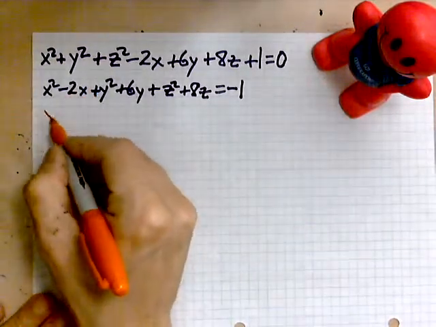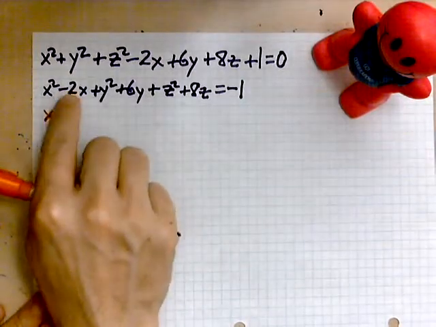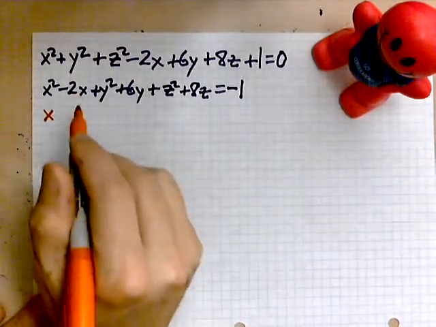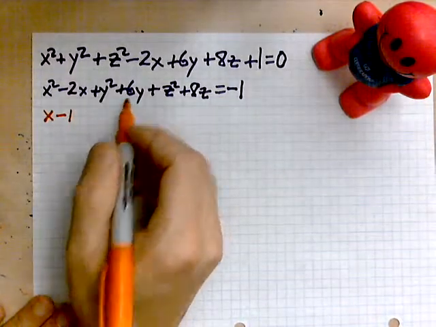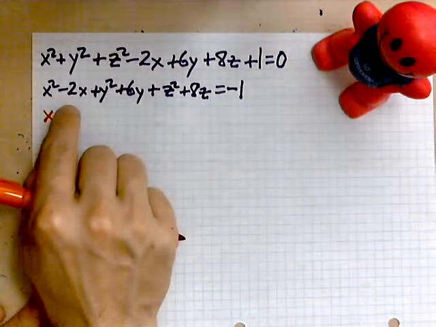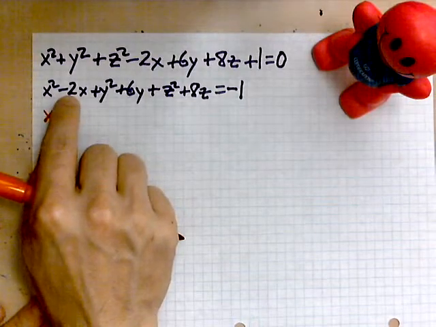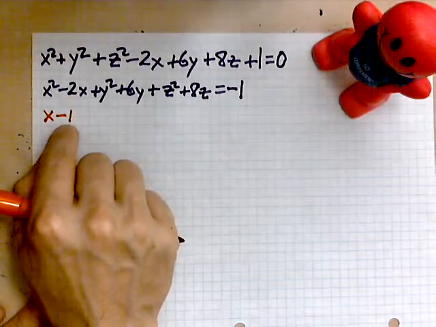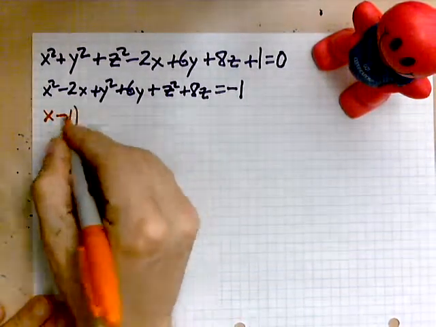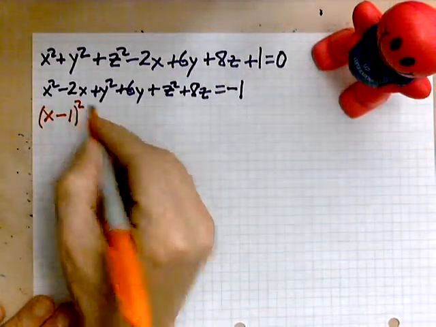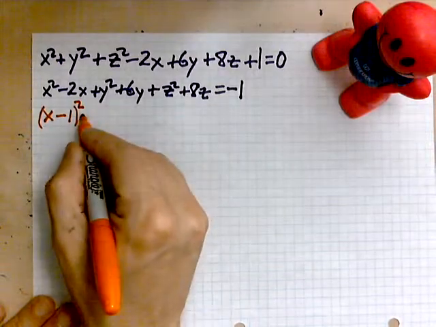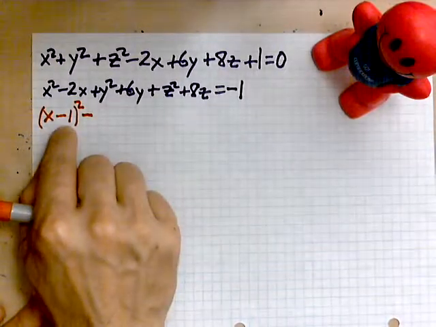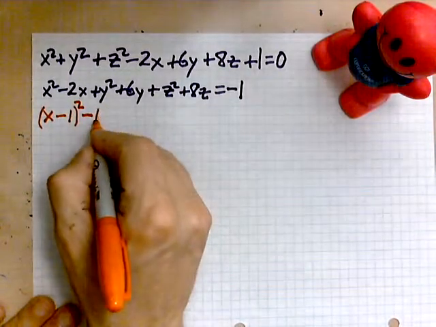What we have is x minus 1/2 of the 2, so that's minus 1. Square that quantity, and from this subtract the square of the 1.